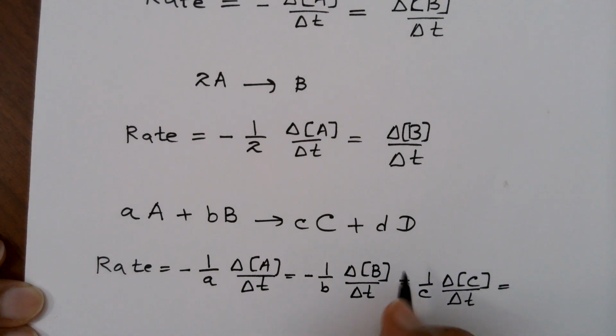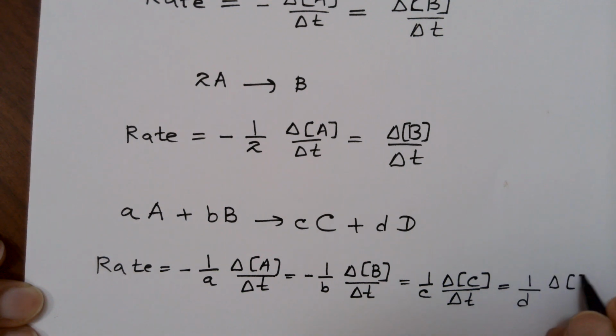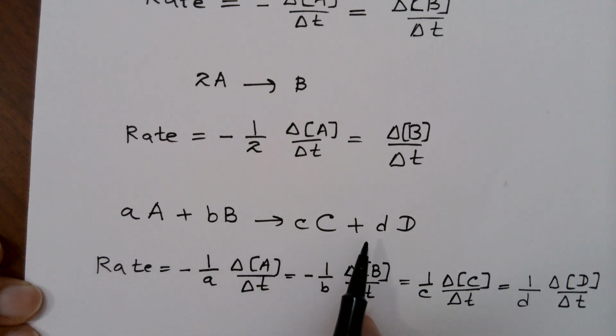And again, if you want, we can write in terms of the product D, 1 over d times change in concentration of D divided by delta T. So that is how we can write the rate expression for any kind of chemical reaction.